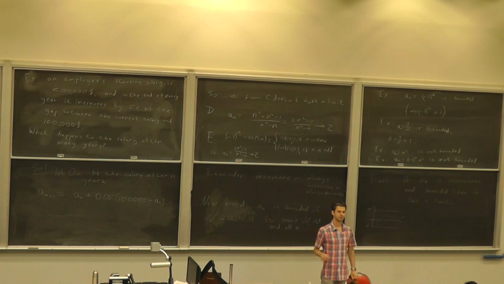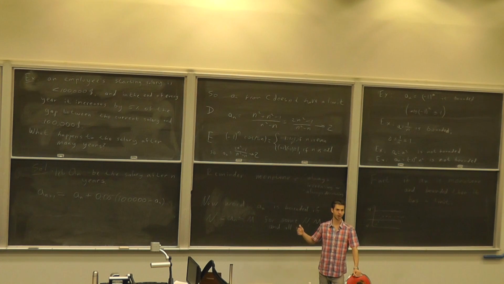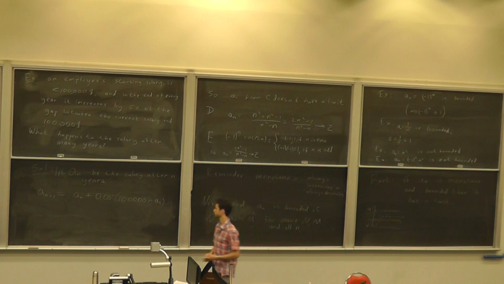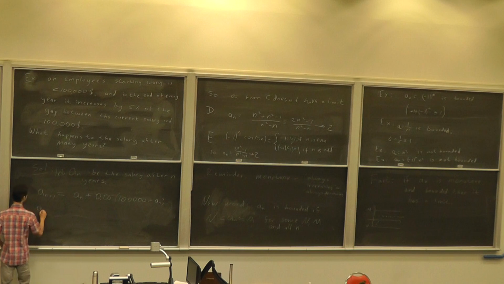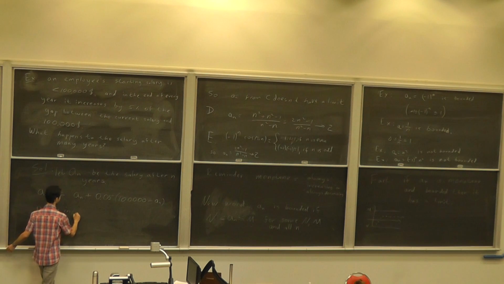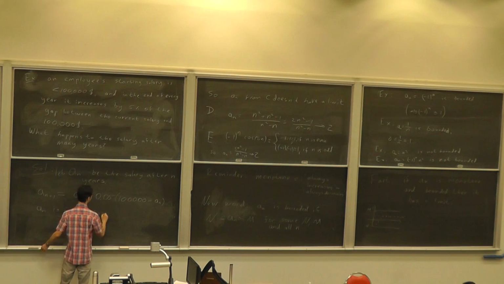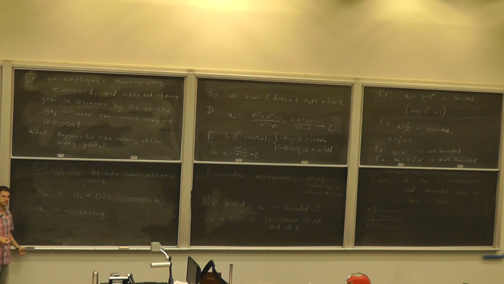The question is, of course, what is the limit of this sequence? Well, here are some observations. First of all, the sequence is increasing. Why is it increasing? At the end of the year, you add to the salary some positive amount, 5% of the gap. So a_n is increasing. Another thing, it is bounded. Why is it bounded?